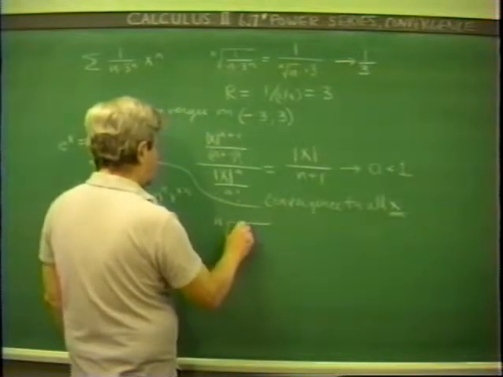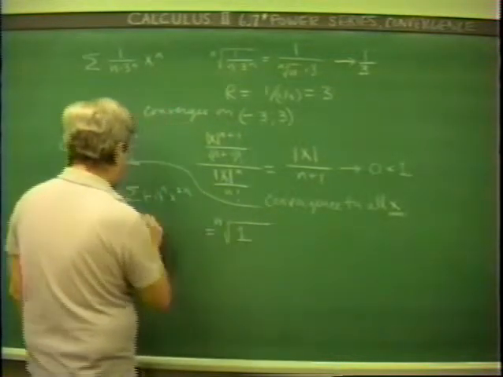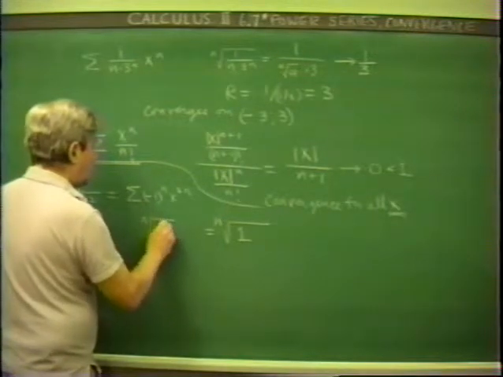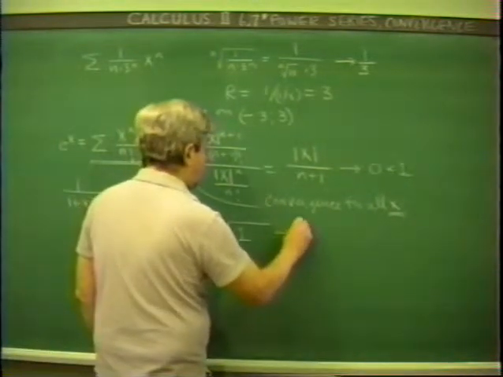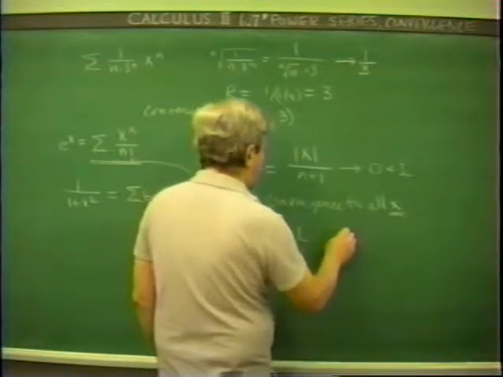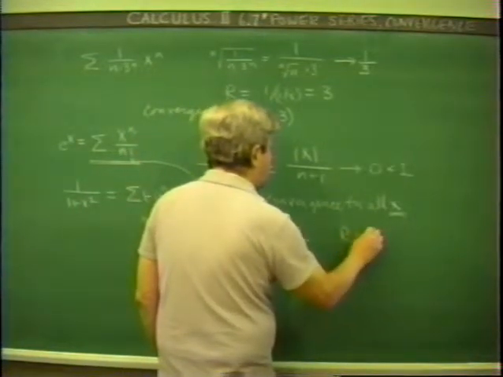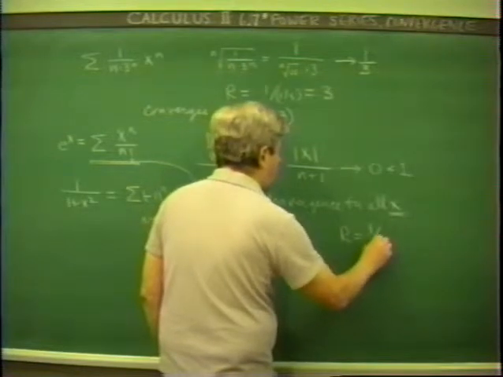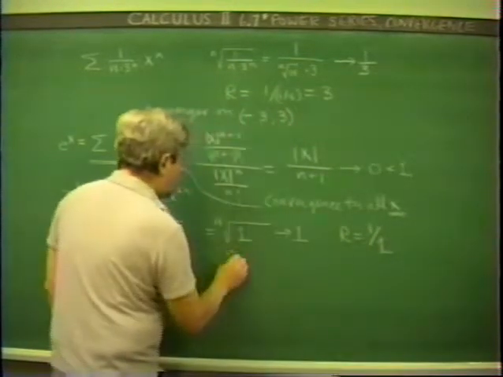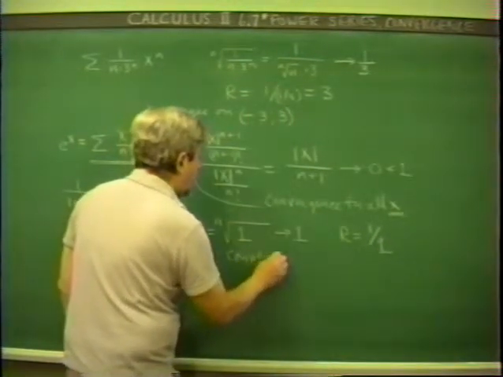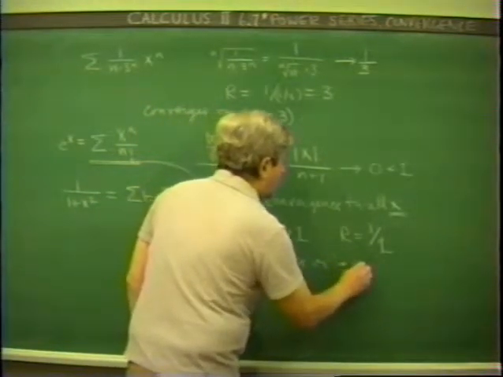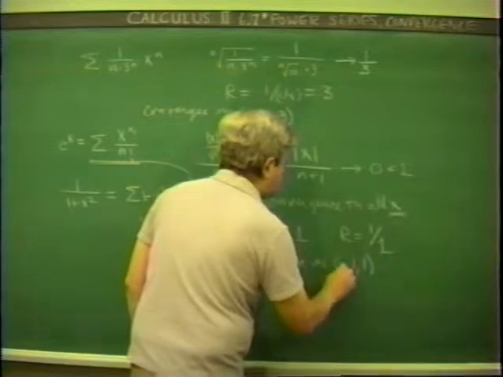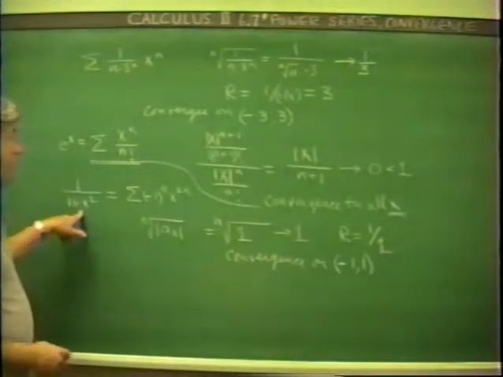The absolute value is going to disregard the minus 1 to the n, and so we've got the nth root of absolute an, and of course this approaches 1, and so r is going to be 1 over this 1. And so we'll have convergence on the interval from minus 1 to 1.